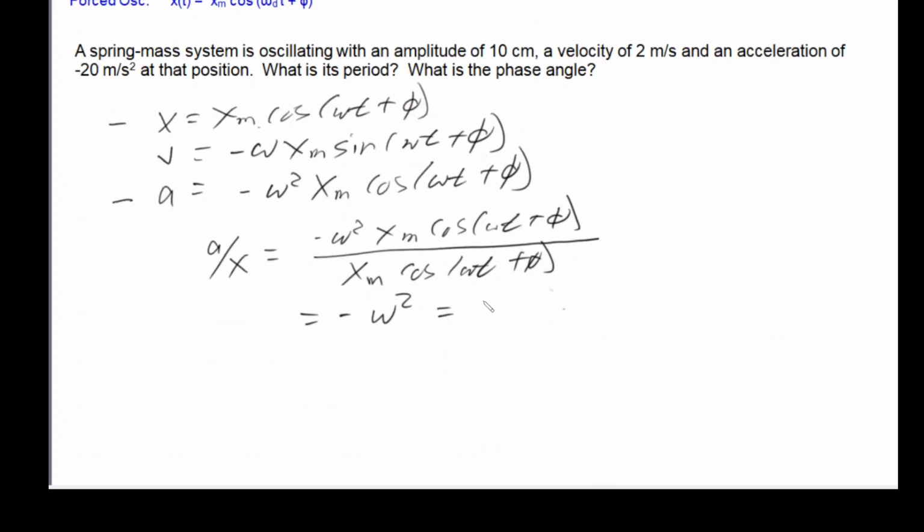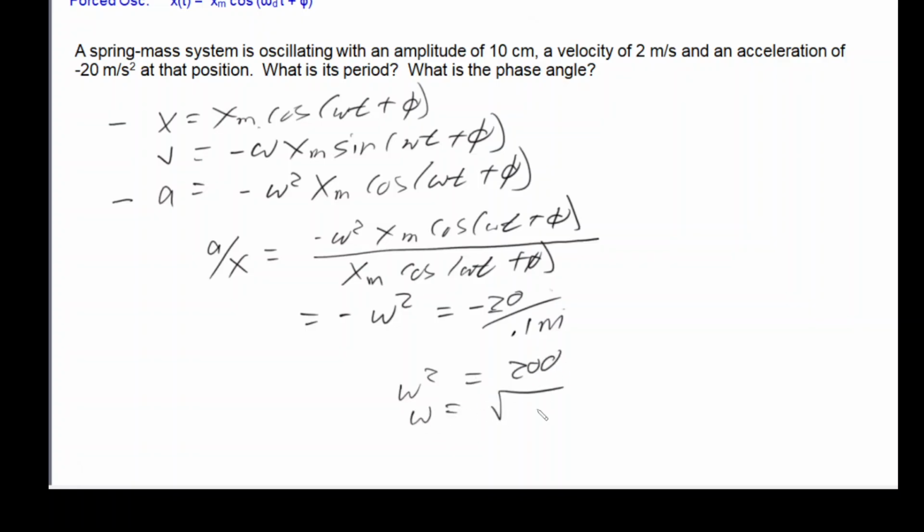So we were given our acceleration as minus 20 meters per second squared, and our position as 10 centimeters, which is 0.1 meters. So omega squared becomes 200.